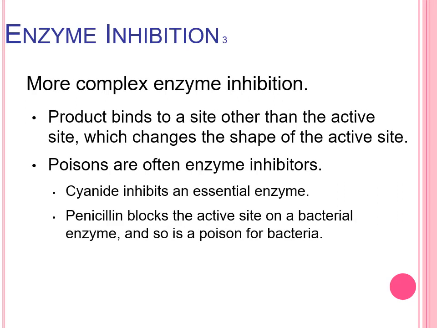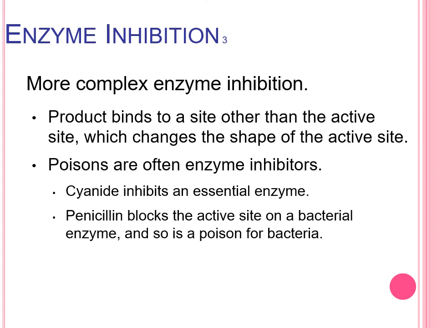Okay, so for the more complex enzyme inhibitions, we can see an example of a product binding to a site other than the active site, which changes the shape of the active site, which will then prevent the enzyme from binding to the substrate. This is a type of inhibition that's a multi-step process. We can see examples of this with cyanide.